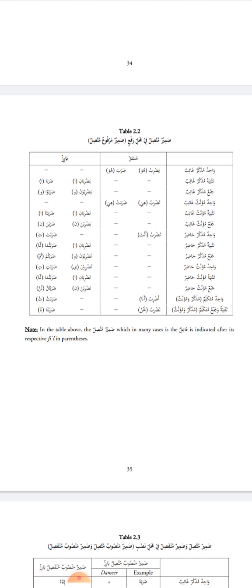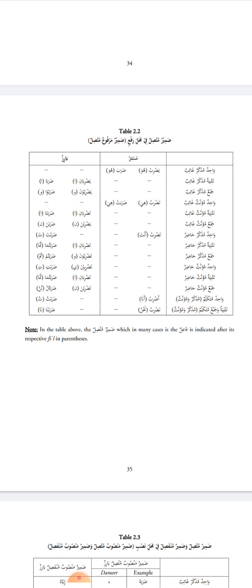So here the noon is the damir baris in tadribna. And in yadribna, siga jam'a muannath ghaib, fi'l mudari, the noon is the damir baris. And in siga jam'a muannath hadir, the noon is the damir baris.